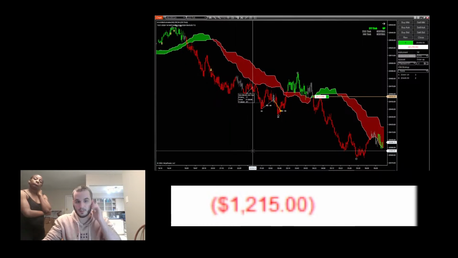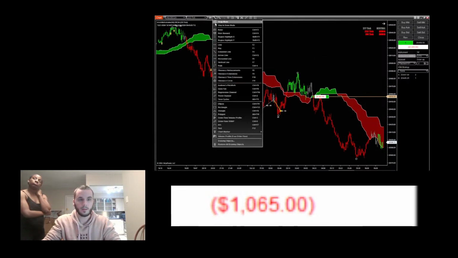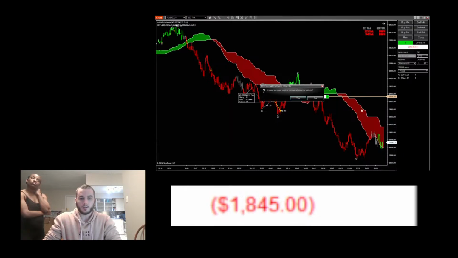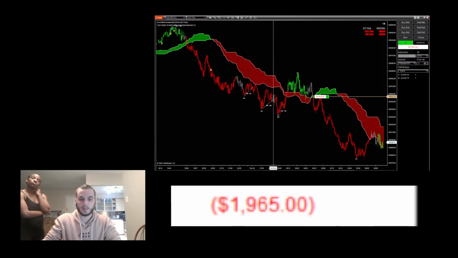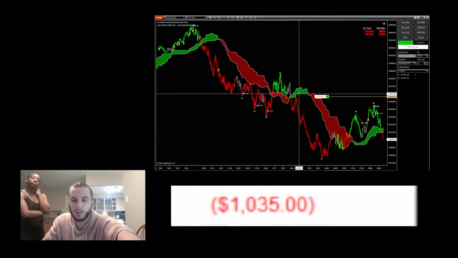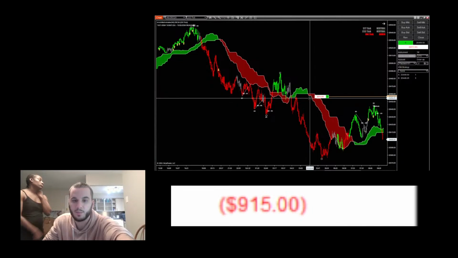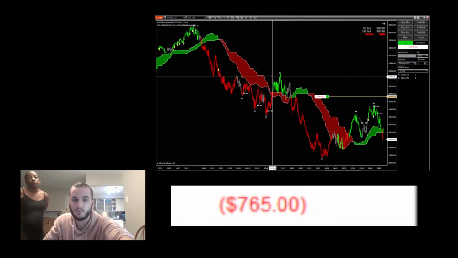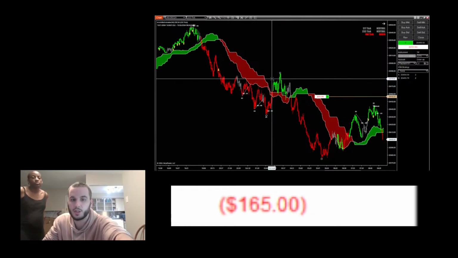But the wave thing I was telling you about is, basically, these little circles that I have drawn are whenever the cloud changes and then changes back. Whenever it changes back down, we print the highest since the change.